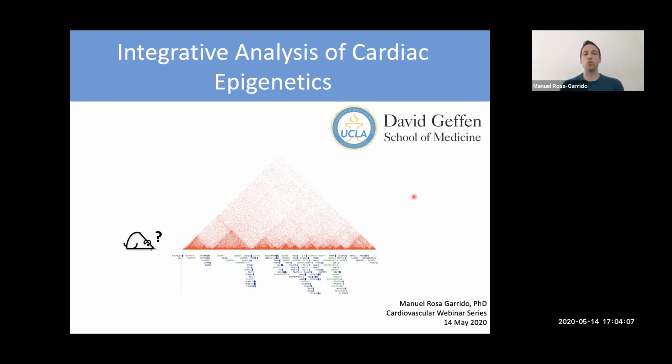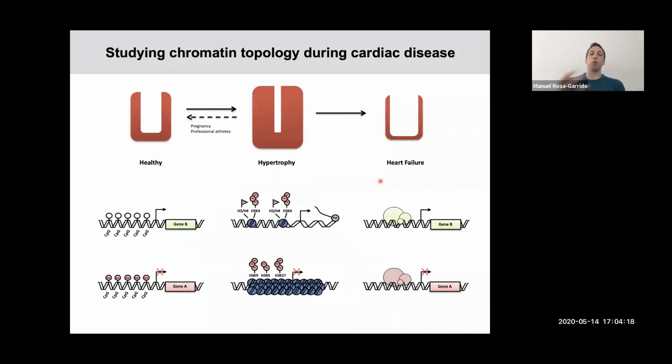Today I'm going to talk to you about this project that we have in the lab, where we are performing an integrative analysis of cardiac epigenetics. As probably everybody in this webinar knows, during the development of hypertrophy and heart failure, there is a change in gene expression that is controlled by different epigenetic factors like DNA methylation, histone marks, or transcription factors.